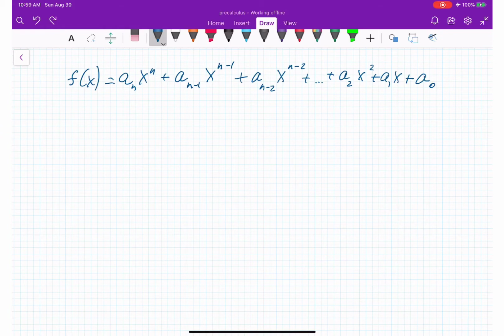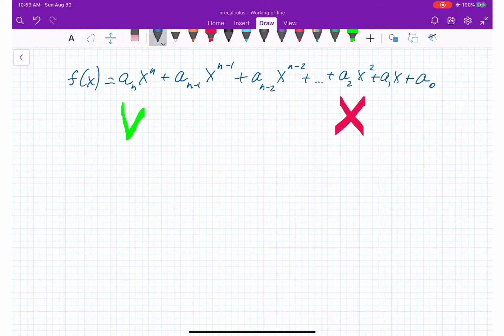So now let's recognize algebraically how to recognize polynomial functions. From the beginning, I'll tell you that a polynomial function cannot have a negative exponent and cannot have a fractional exponent. Oops, that's not what I meant. I meant this is what cannot be.